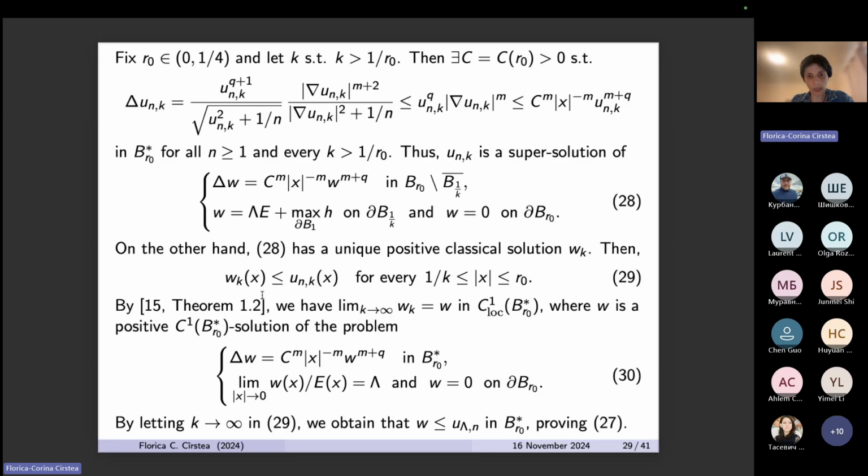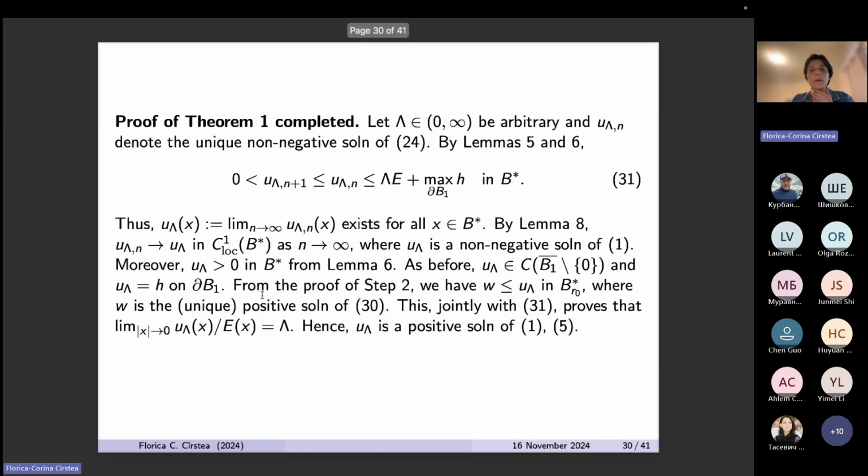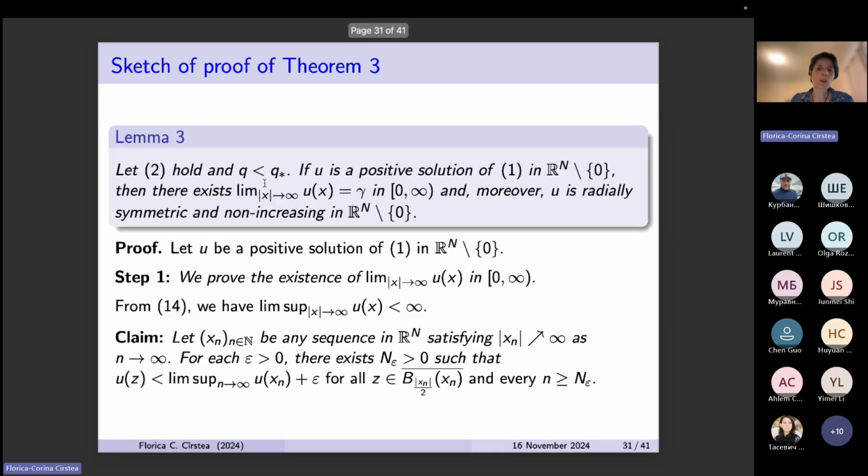You can get the existence for the perturbed problem, and then you take n going to infinity. Again, you have monotonicity, you have an a priori bound, which is this super solution, and you can pass to the limit and you get rid of the perturbation. That's really the key.